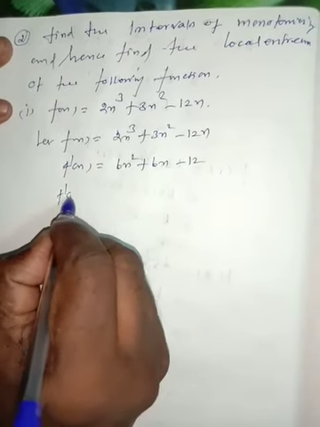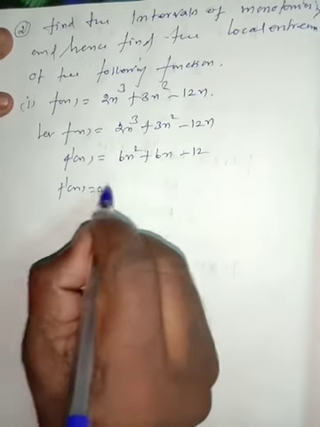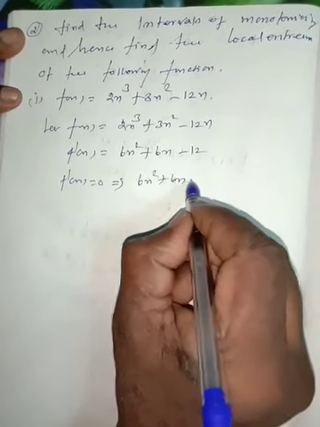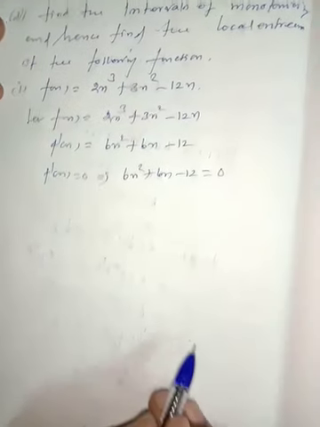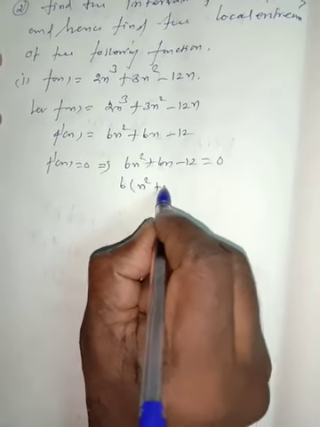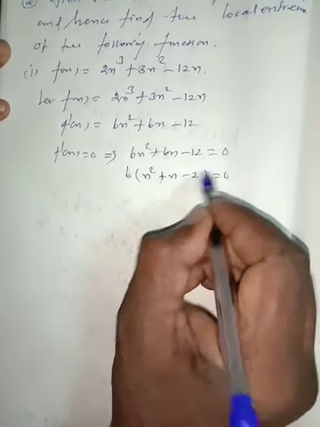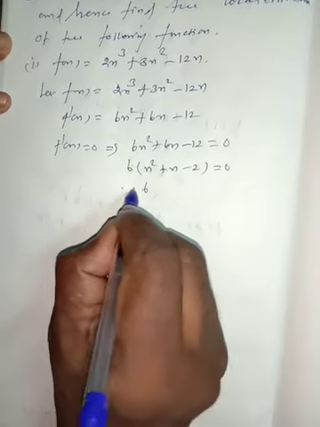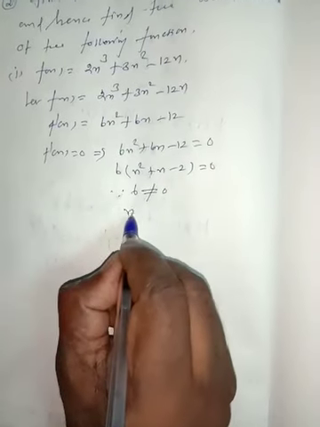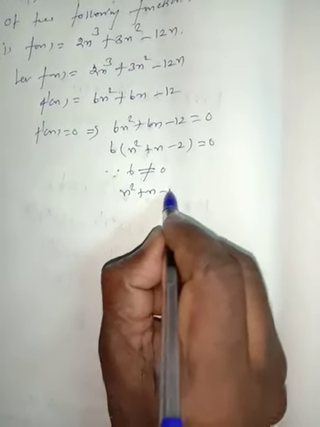F dash of x is equal to 0 implies 6x square plus 6x minus 12 is equal to 0. Common 6, so x square plus x minus 2 is equal to 0. Since 6 is not equal to 0, then x square plus x minus 2 is equal to 0.